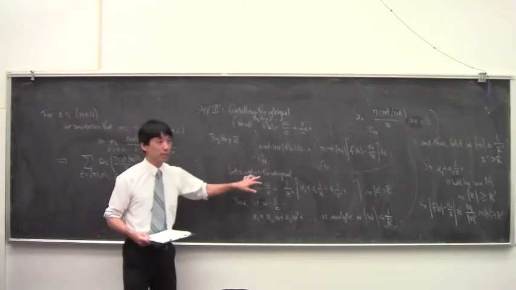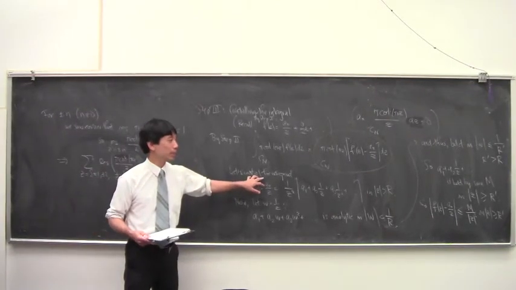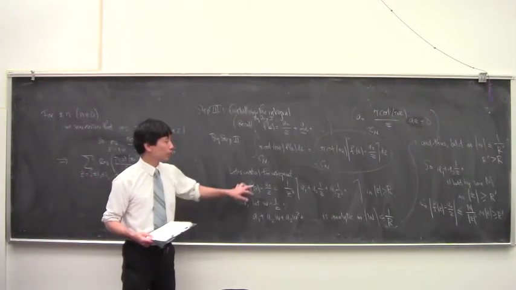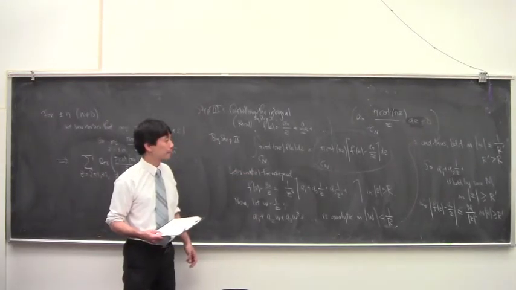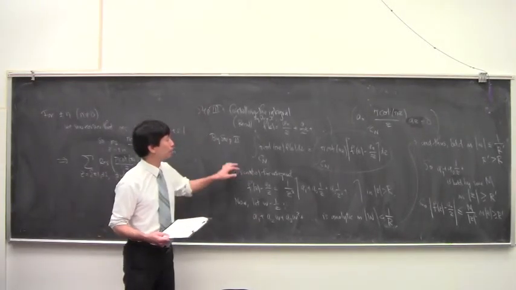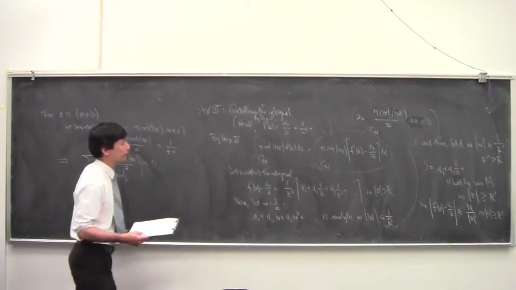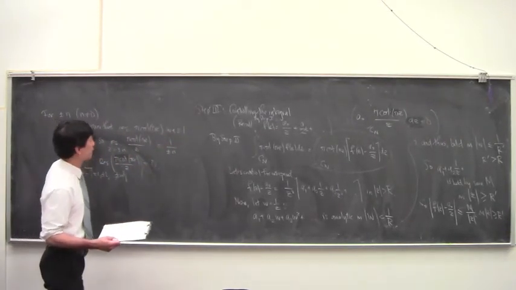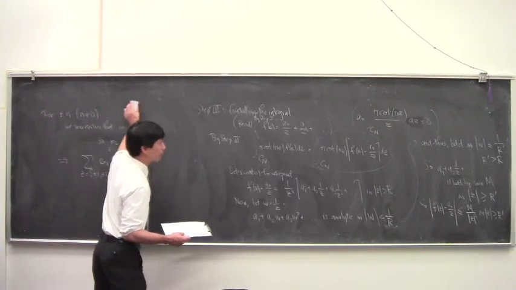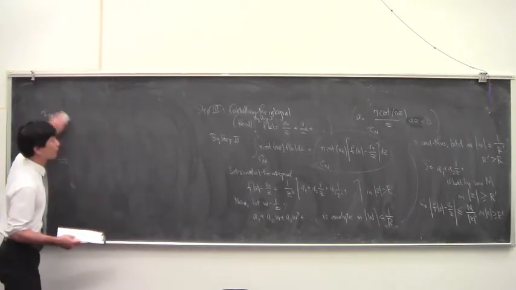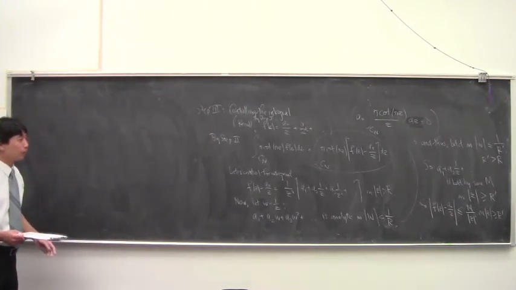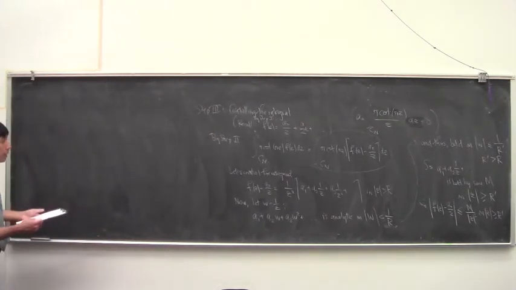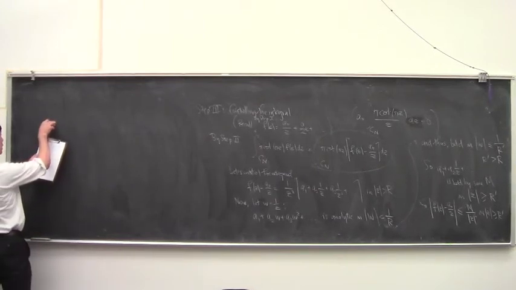So that's the bound on the integrand that we get via steps 1 and 2. That's the bound that's going to be useful to us.